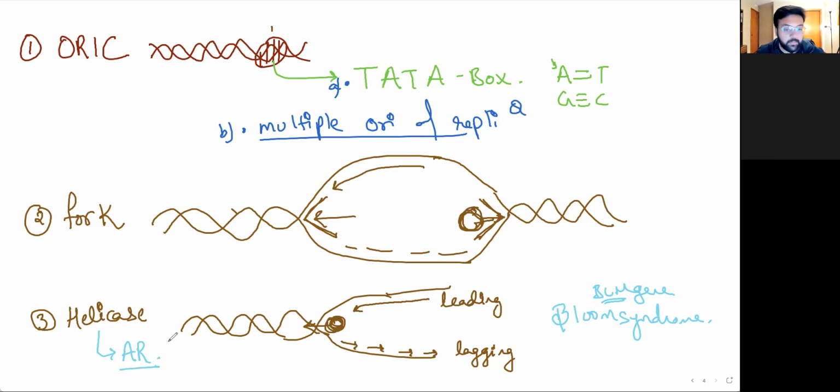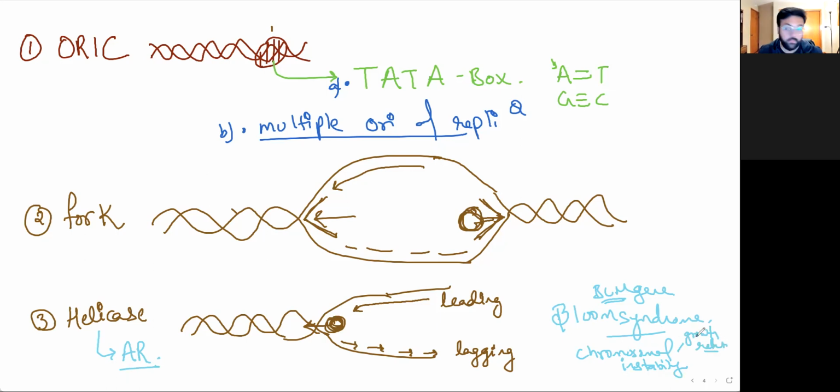And ultimately, if you are not able to separate the two strands of the DNA, it will lead to chromosomal instability, right? And if your chromosomes are not working, you won't be able to duplicate your cells properly. So you'll have problem in the growth, right? So patients will have growth retardation.